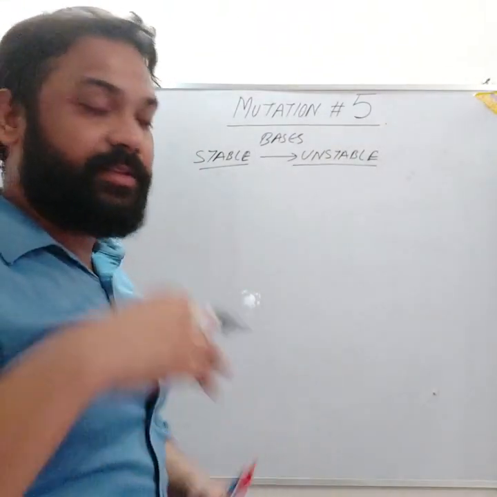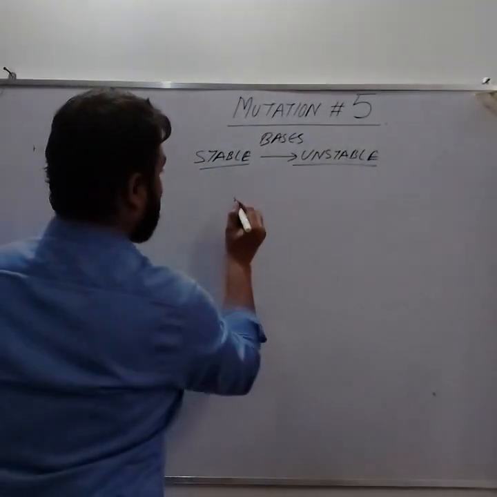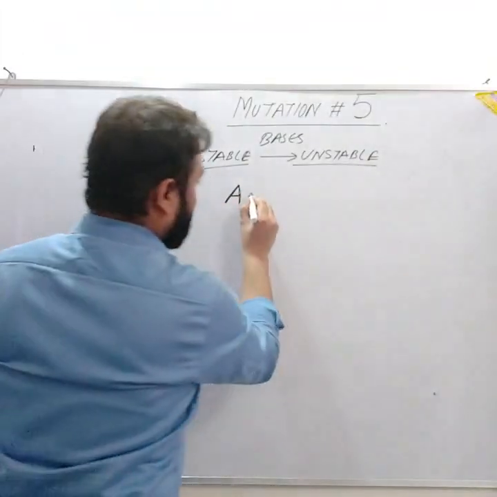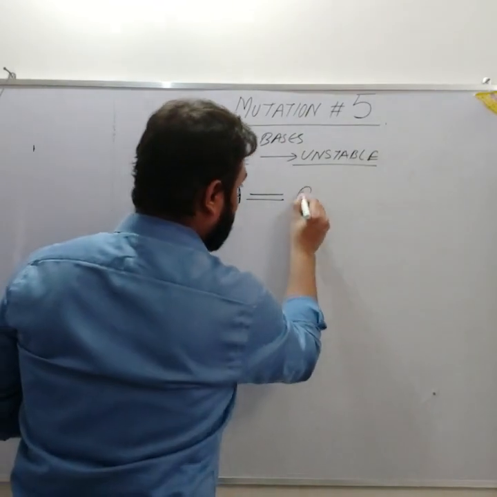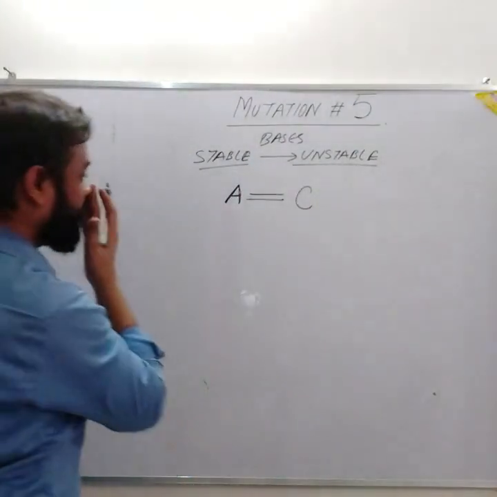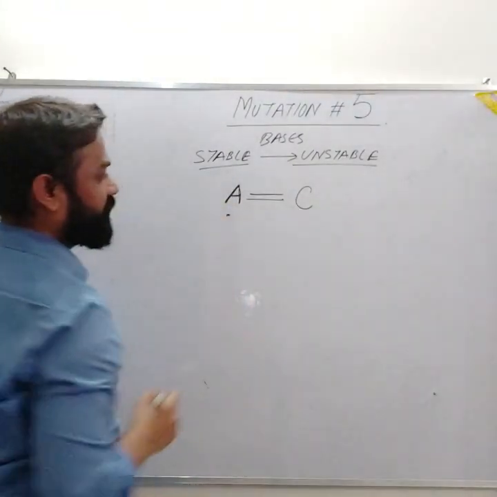When the stable form changes to unstable form, adenine will pair with cytosine because of the unstable form.